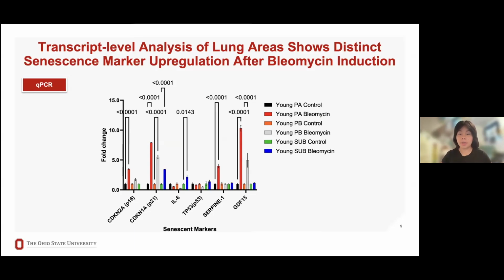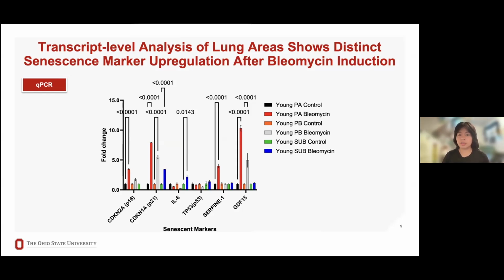The peribronchial region, however, did stay very consistent with our protein level analysis with the Western blot, as P21 and GDF15 both showed a significant increase for the peribronchial region. So that was very consistent.